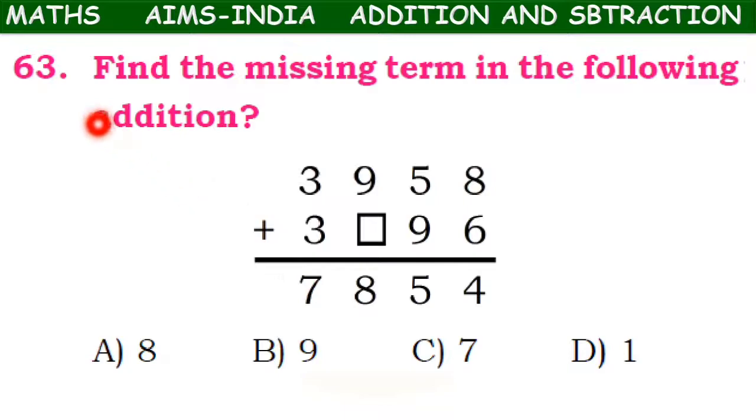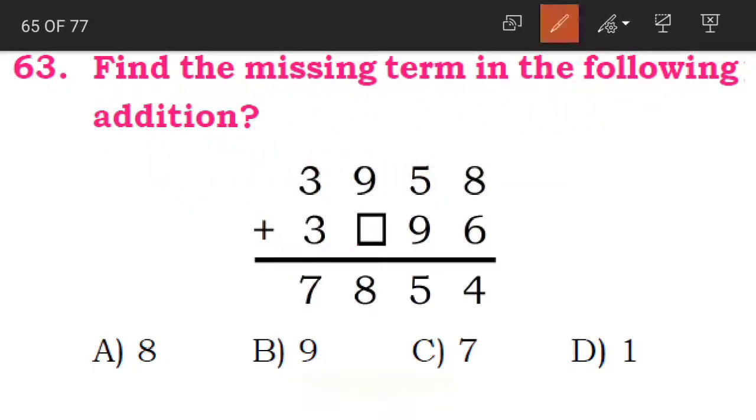Coming to 63. Find the missing term in the following addition. Yes, we know how to do this, right? But before doing this we need to add from here. 8 plus 6 is 14, 1 carried, 1 plus 9 is 10, 10 plus 5 is 15, 1 carried, 9 plus 1 is 10.